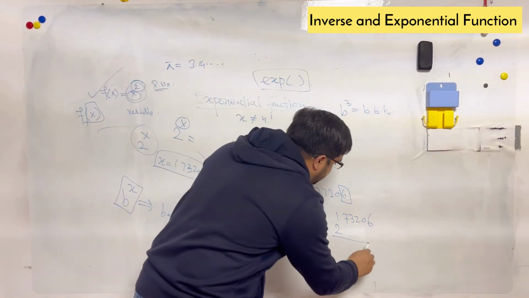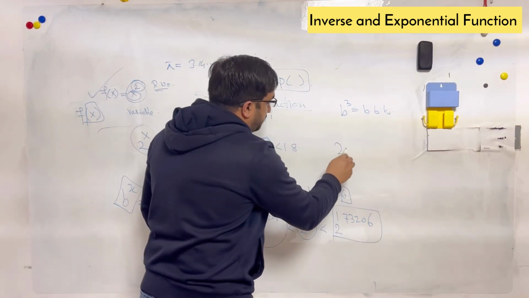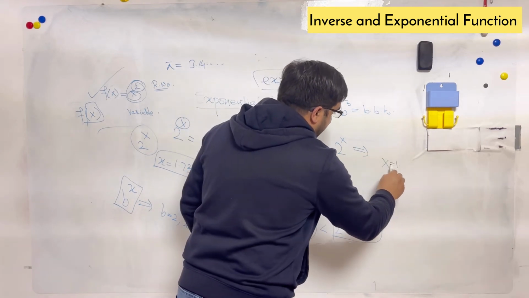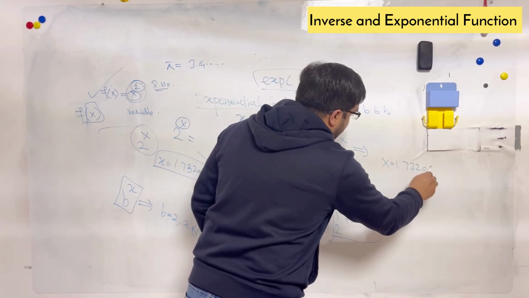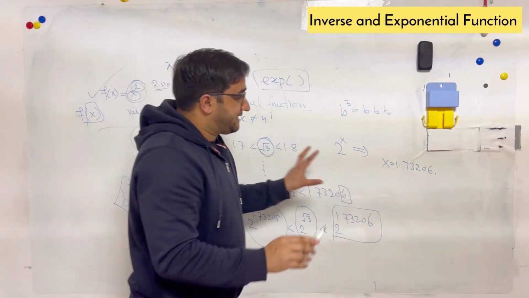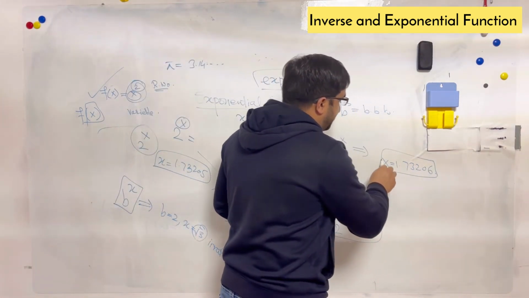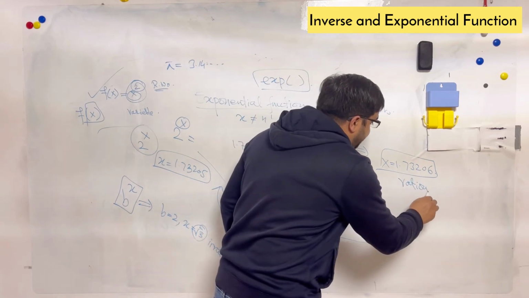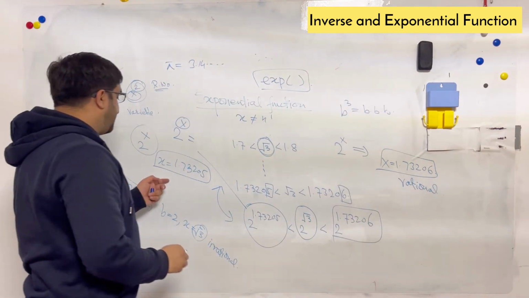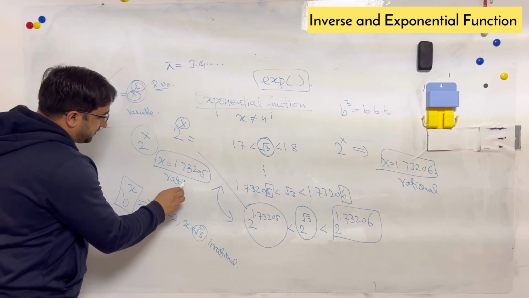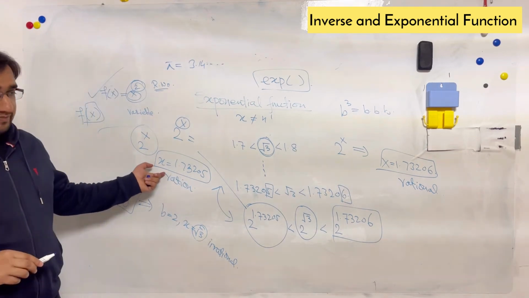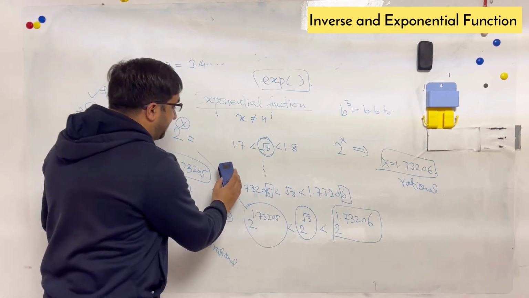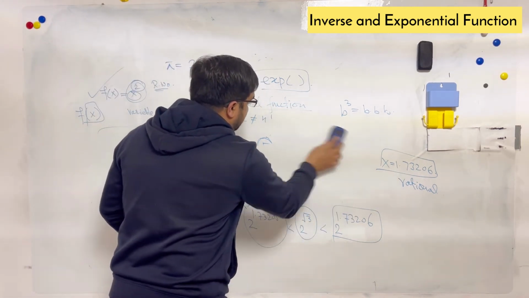Similarly, on the right, this is 2 to the power x, where x is 1.73206. Again, this is a fixed number that finishes here, so this is a rational number. So on the left and on the right, I have 2 raised to rational powers, but in the middle, I have 2 raised to an irrational power.